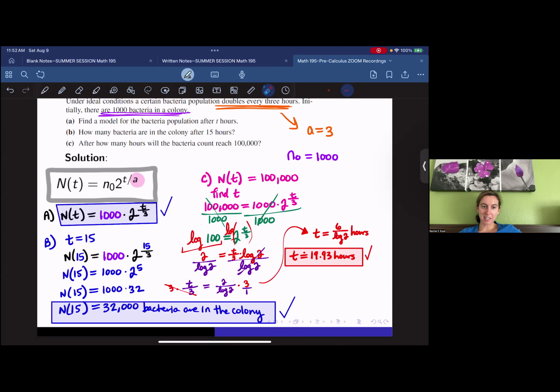It's ridiculous how fast bacteria can grow. Or from an investment perspective, it's crazy how fast your money can grow, which is why it's so important to invest in your money very early on. When you're poor and you have no money, that's when you want to start investing.